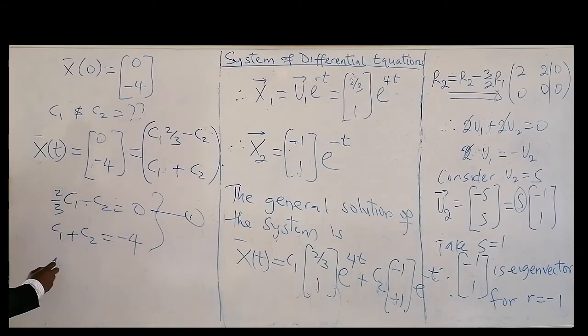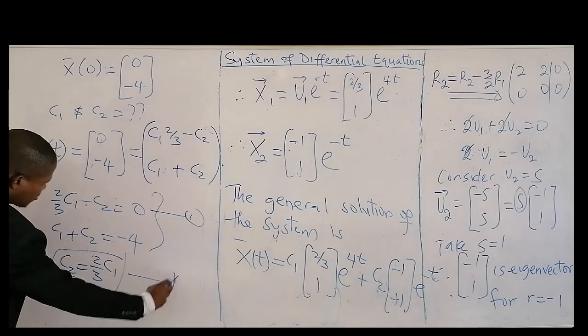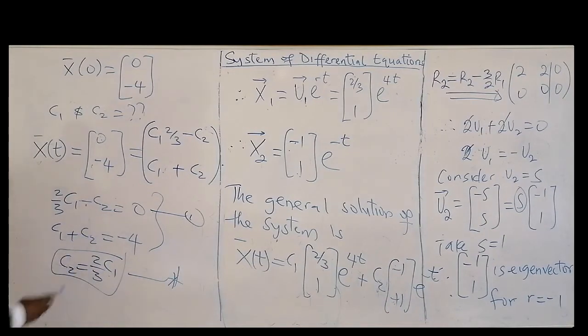From the first, c2 is equal to 2 over 3 c1. Okay? So substitute that into the second equation. So you now have c1 plus 2 over 3 c1 equal to minus 4.